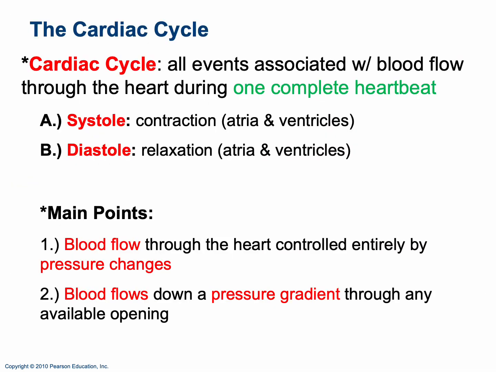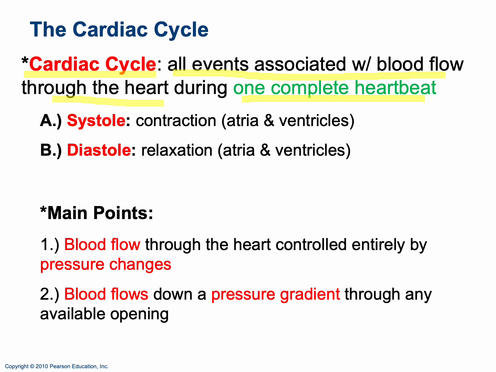This leads us eventually now to taking a look at the cardiac cycle. So the cardiac cycle is referring to all the events associated with blood flow through the heart in one complete heartbeat. So this is taking into effect everything we've really learned so far. Heart sounds, blood flow, everything so far.